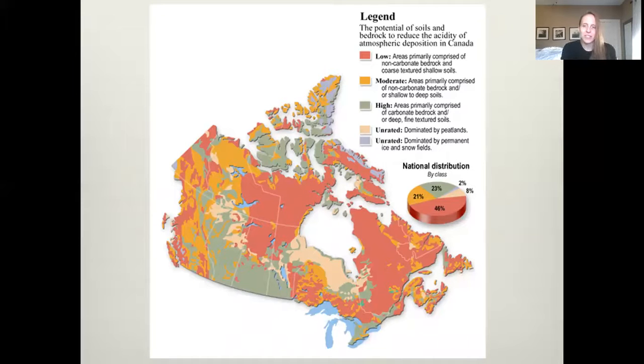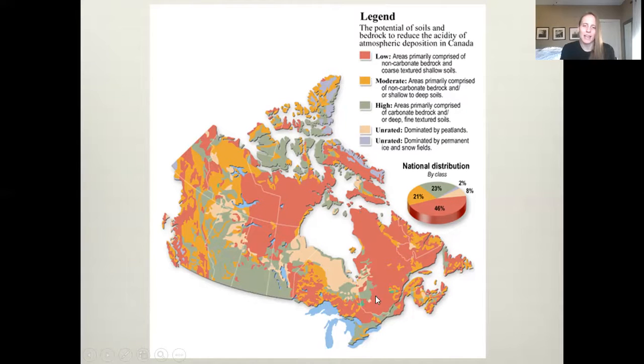And this chart just shows where those different soils are. So if we look in Alberta here, there's a lot of carbonate bedrock, which is like limestone and stuff that is basic and really good at neutralizing acid. And that's true through most of Alberta, as well as the bottom half of Saskatchewan and Manitoba.